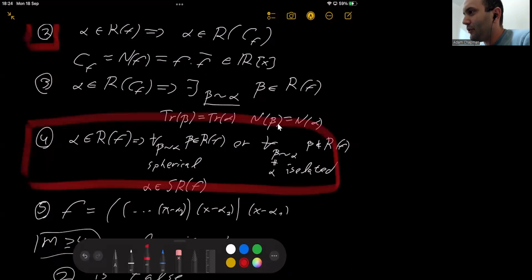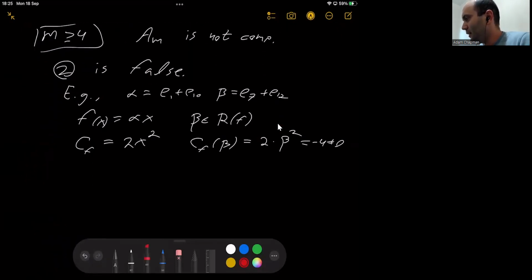Is it true that every root of f is either isolated or spherical? It's already not true in this example, because beta is a root, negative beta is a root, but beta here is actually quadratically equivalent to alpha, and alpha is certainly not a root of f. So it gives you also a counterexample of the fourth property I mentioned. So there are many things that don't work.